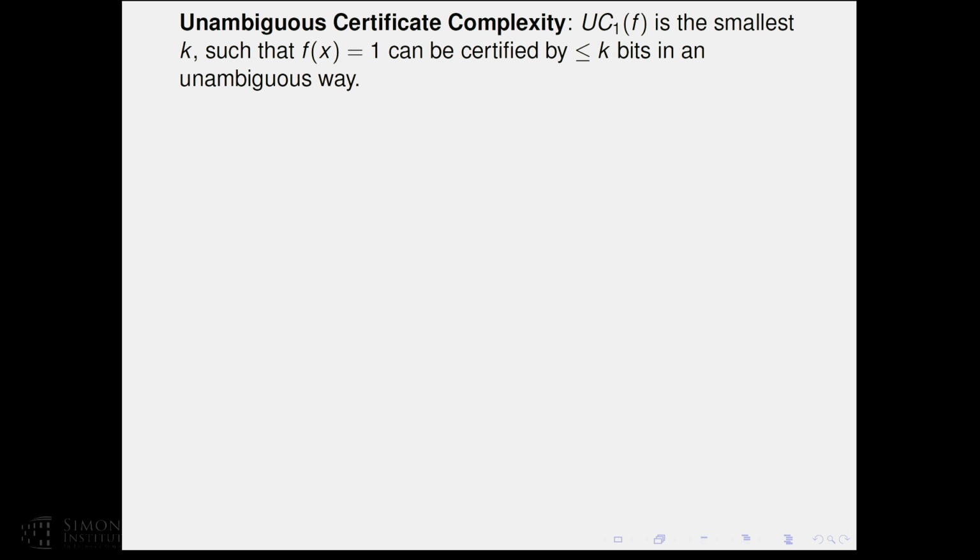What do I mean by this? There's a family of certificates such that whenever f of x is equal to 1, there's exactly one of these certificates that is satisfied by x, and no two certificates in the family are consistent.